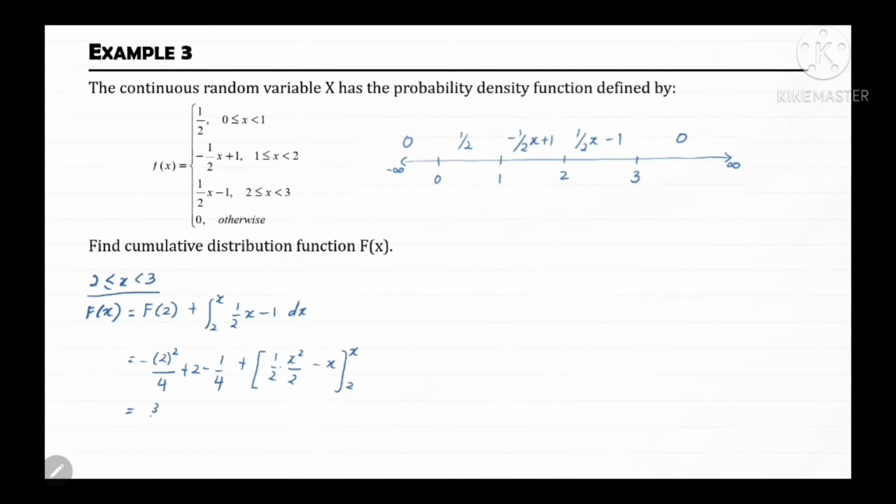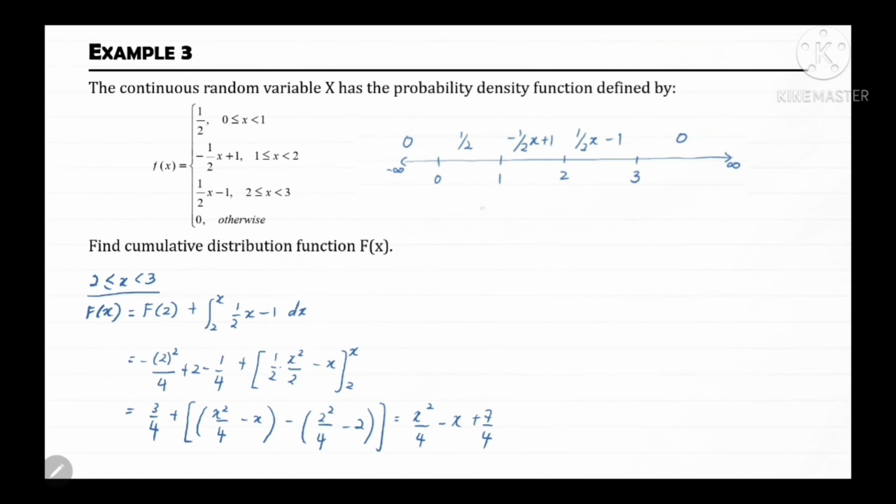And this gives us 3 over 4 plus, substitute, x squared over 4 minus x minus 2 squared over 4 minus 2, equal to x squared over 4 minus x plus 7 over 4.